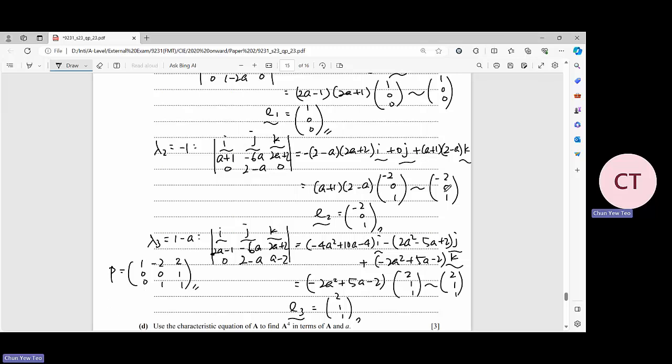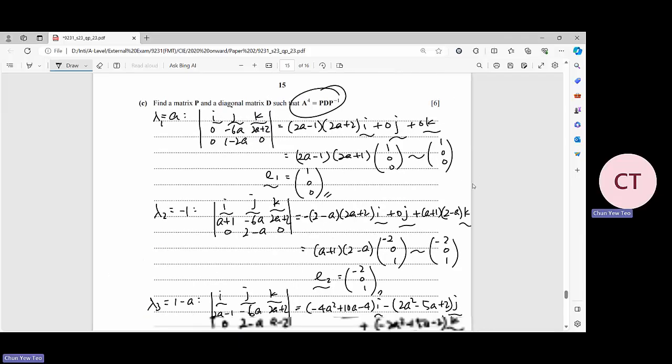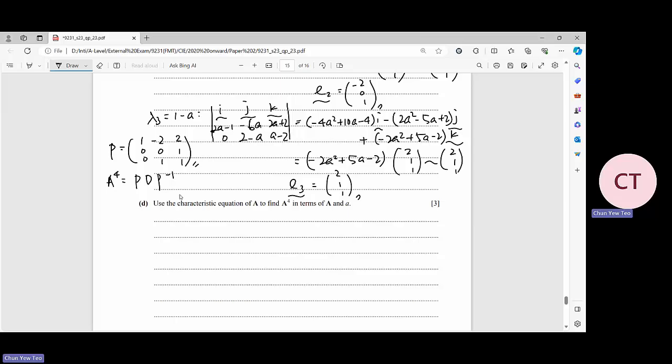Then for the matrix D, we need to know that A power 4 is equal to B D B inverse. They give you this relationship. So that means D is actually the diagonal matrix to the power of 4. So what you need to do is just take the diagonal matrix to the power of 4.